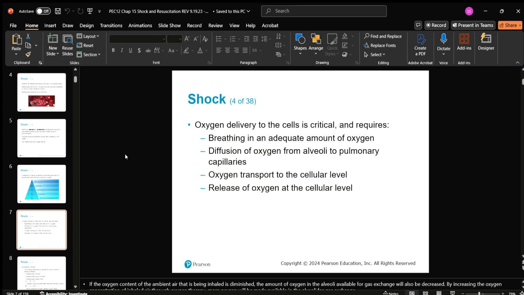We're going to have to ventilate them and oxygenate them. And again, where does that gas exchange occur? Right here at the alveoli. What gases are exchanged right there at the alveoli? Oxygen and what? CO2, which is carbon dioxide.